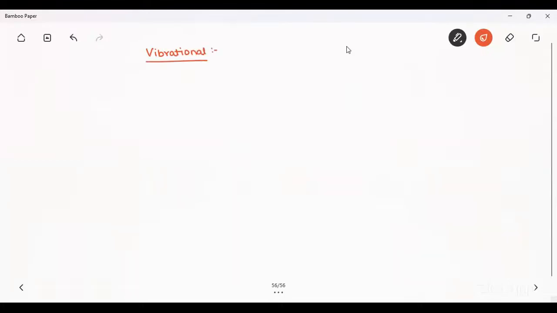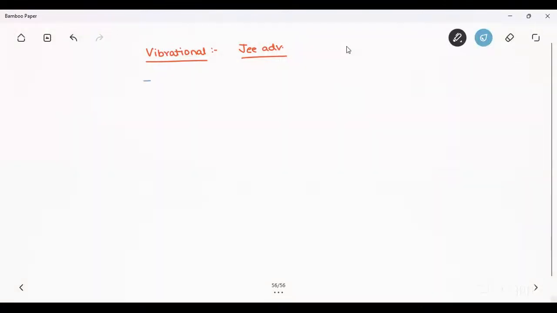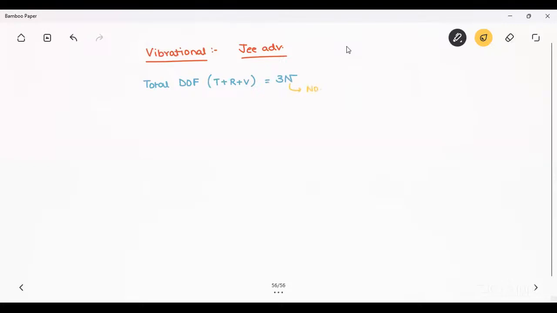I will just say a brief about vibration. This is only for students targeting JEE Advanced. Now, see one thing. If they ask you the total degrees of freedom, total degrees of freedom means translational plus rotational plus vibrational. This will be 3N. Okay, what is N? N means number of atoms in a gas.